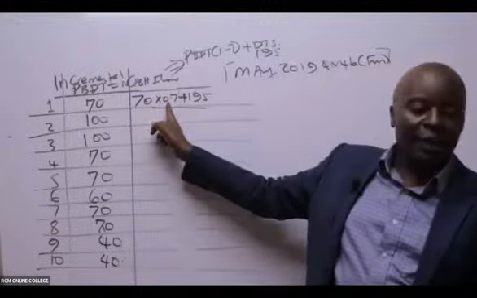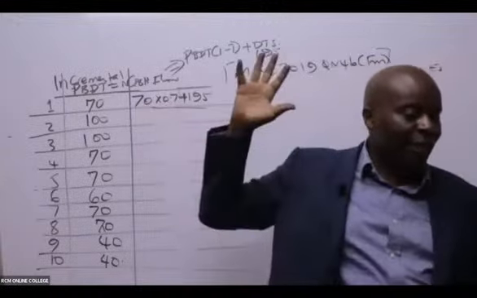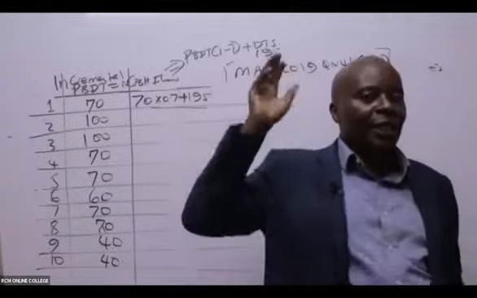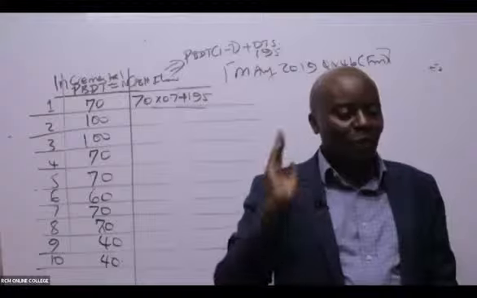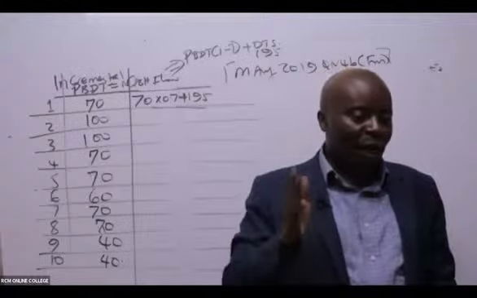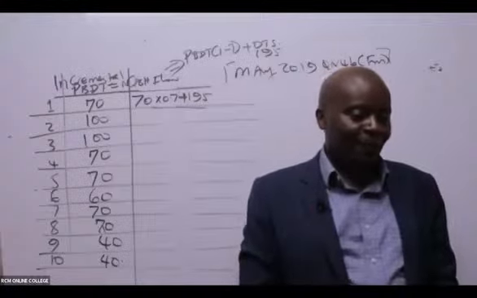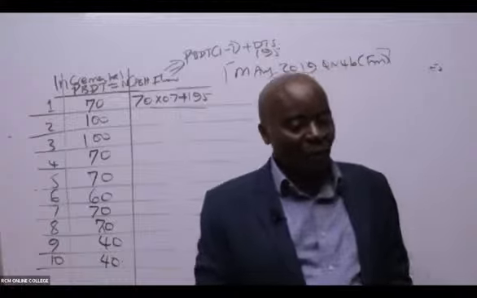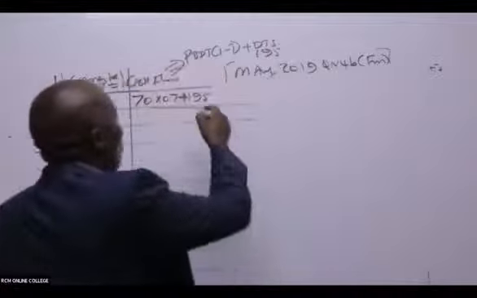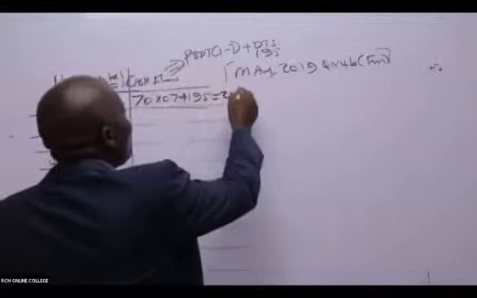Remember, this 0.7 is 1 minus tax, and tax is 0.3. So it equals 70 times 0.7 plus 195, which gives me a figure of 244.